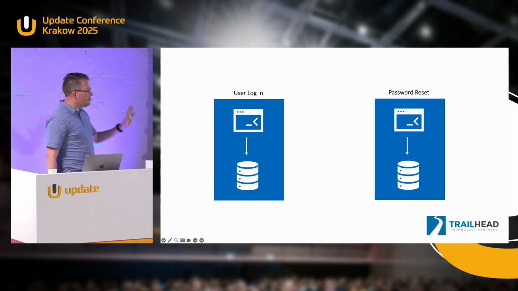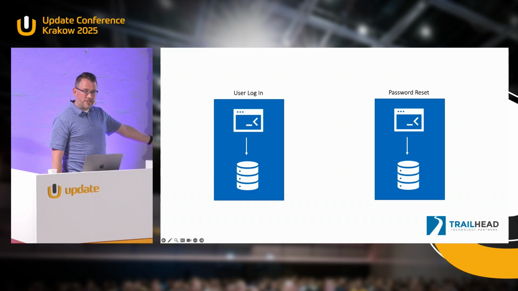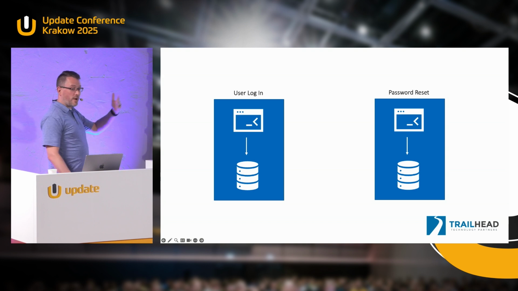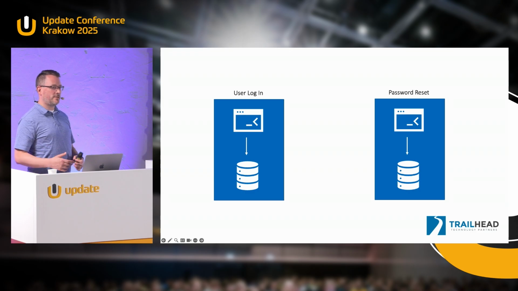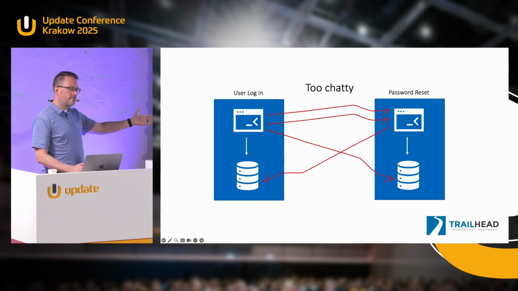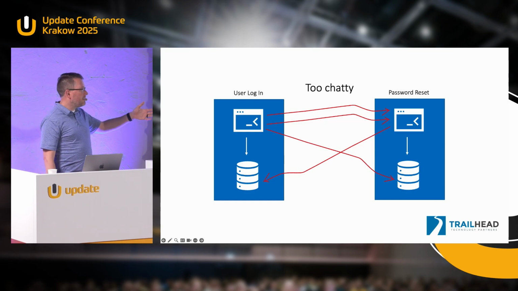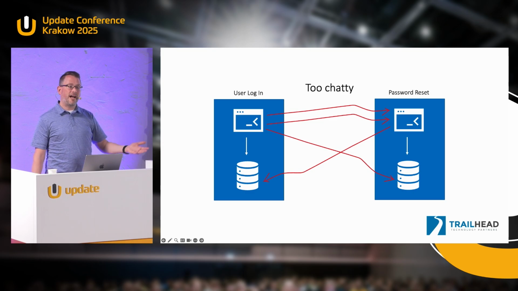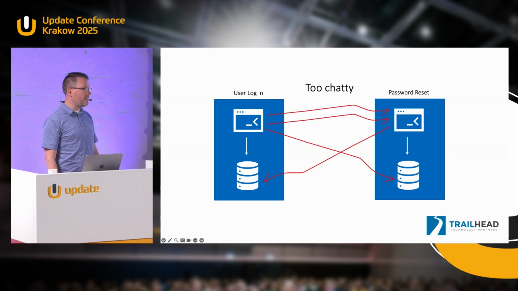So now, when your users log in, that'll be one service. When your users want to reset their password, that'll be a separate service, and so on and so forth, right? Essentially, one endpoint per service. Well, what happens here? Every time a user logs in, if they fail to log in, you might want to keep track of how many times they failed in a row, how long it's been since they failed last time.